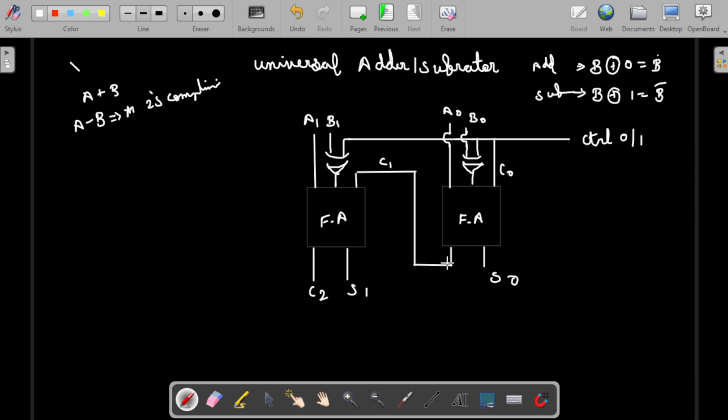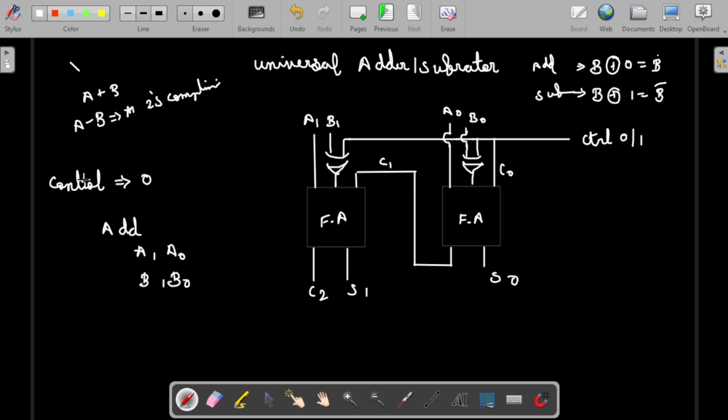When the control input is equal to 0, then there is addition. So this is a universal adder. It will just do the normal addition. A1, A0 will be added with B1, B0 as we said.